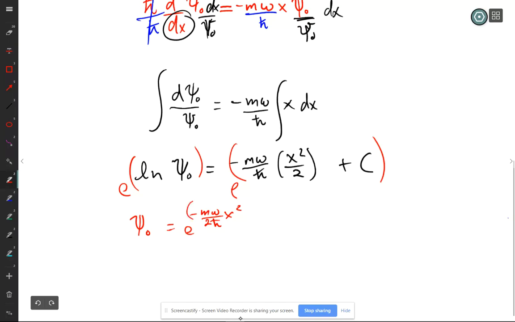The way that we normally would first write this would be like that, and then we recognize that e raised to a plus b is e to the a times e to the b. And then since c is just a constant, e to the c is also just a constant. And so I just called that constant A0, my normalization constant for the ground state.